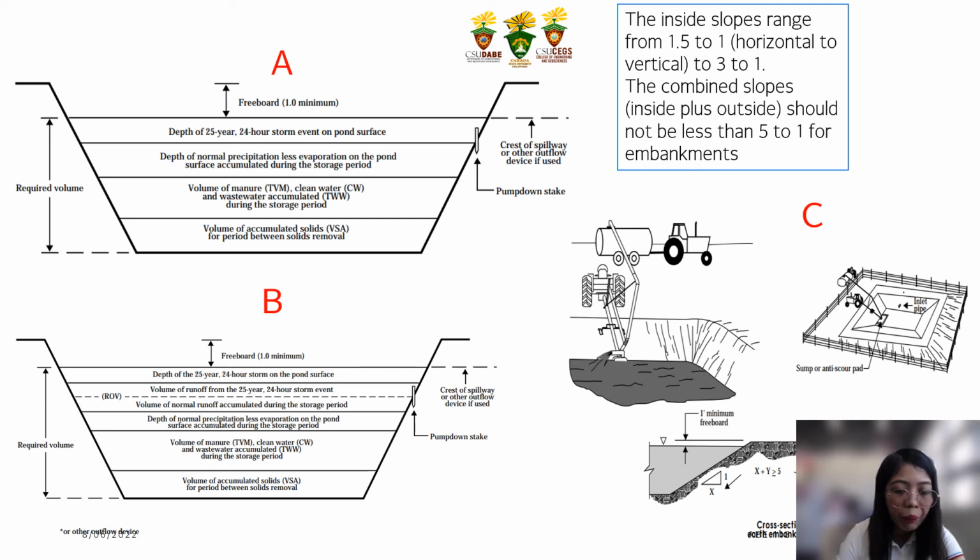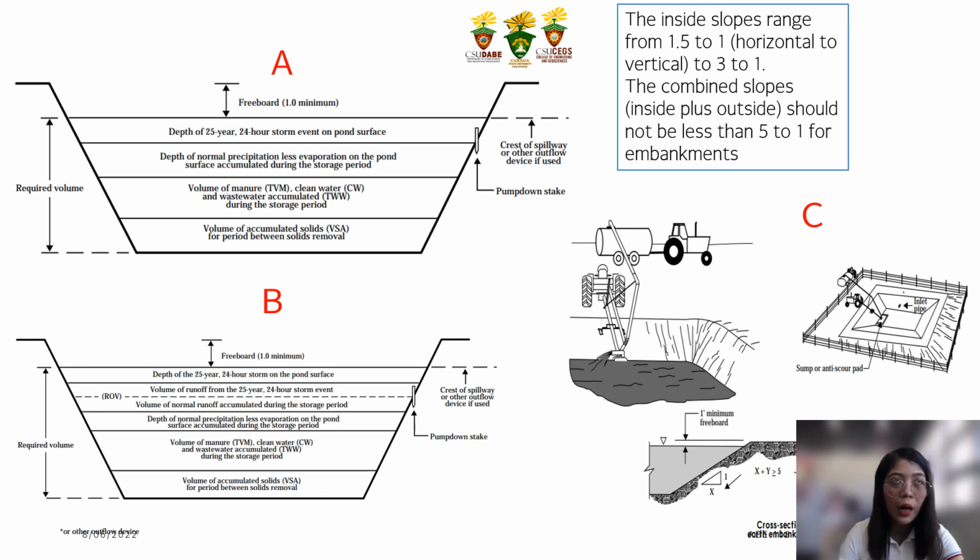Please take note of this. Then B is the cross section of a waste storage pond with watershed, and C is the waste storage pond. They generally are rectangular, but may be circular or any other shape that is practical for operation and maintenance.